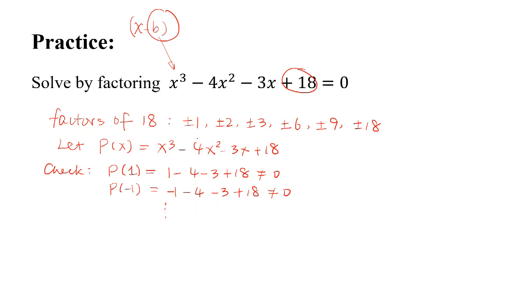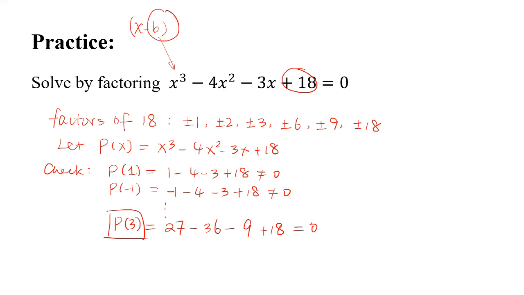Okay, let's check these numbers one by one. And as you check, you can see that when you put a 3 in P(x), it's actually 27 minus 36 minus 9 plus 18, which is 0, right?